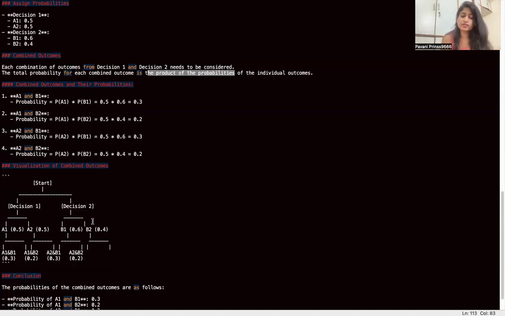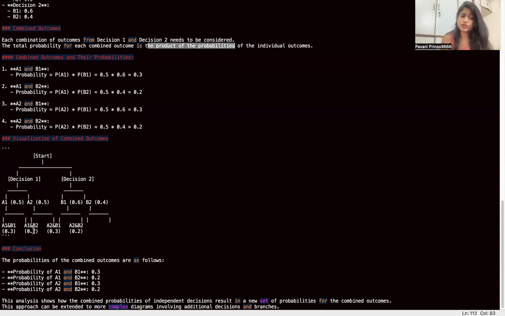Once it is multiplied, you're going to mention it over here. You got the total probability: 0.3, 0.2, 0.3, and 0.2. So that's the combined outcome. Here A1 and B1: what is the probability? You got 0.3. A1 and B2, how much did you get? 0.2.